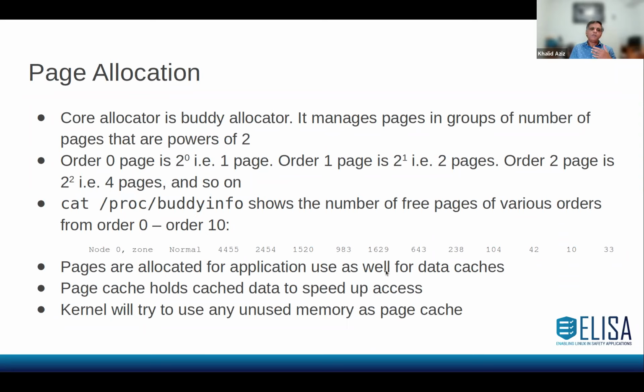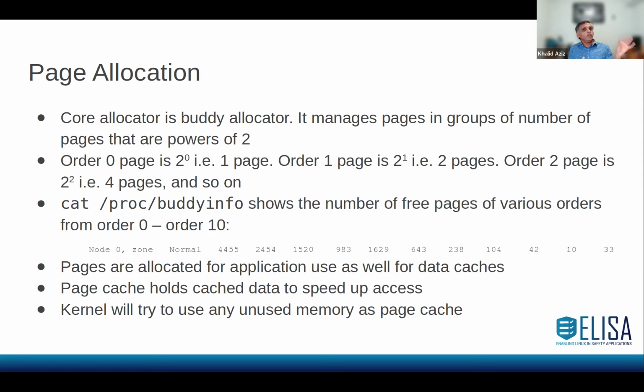Now, we allocate pages on the system for multiple uses. An obvious one is an application wants memory, because it wants to store data. Great. But there will be times when not all memory on the system is in use by applications or even drivers, because anytime a task does IO, the driver will potentially allocate pages to bring in the data or send the data out to a device.